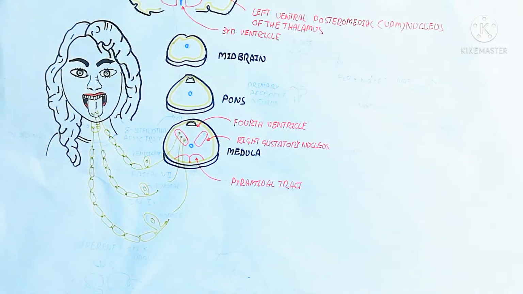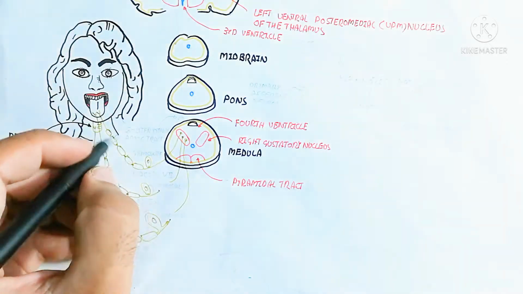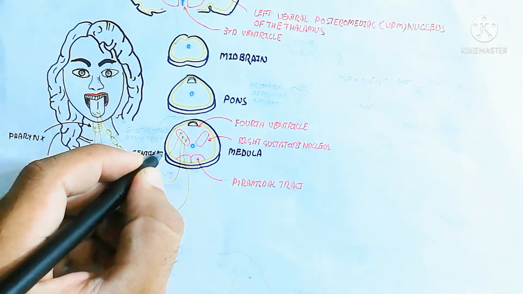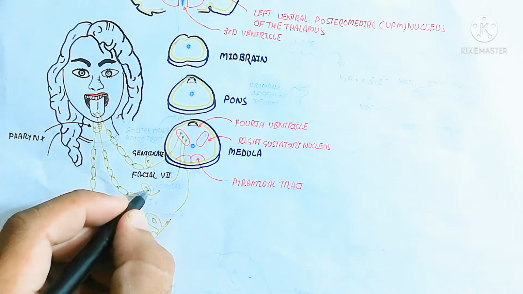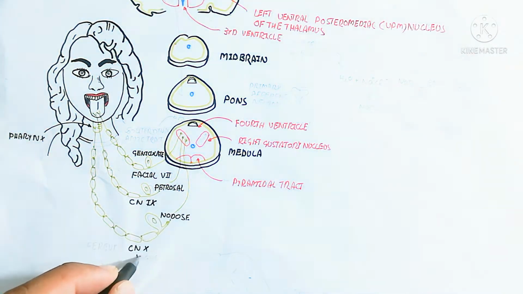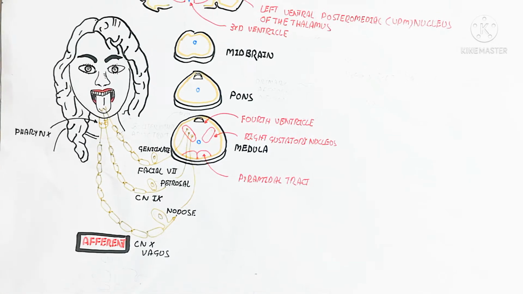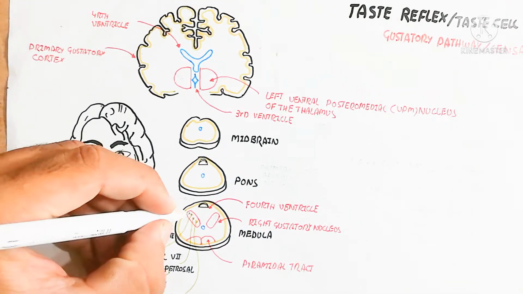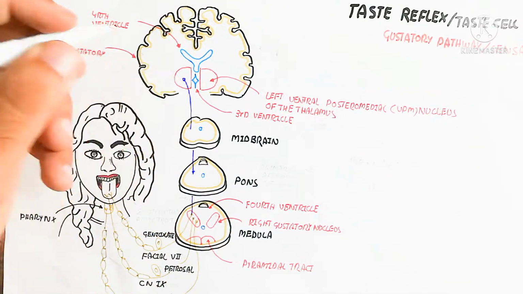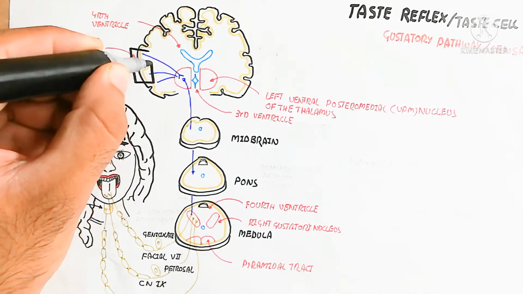This tongue basically has three branches of neurons: the geniculate ganglion is present in the facial nerve, which is cranial nerve 7, the petrosal is cranial nerve 9, and here is the nodose ganglion, which is cranial nerve 10, the vagus nerve. These are the afferent nerves that carry the signal of taste sensation from the tongue, and here is the pharynx, which is attached with the vagus.